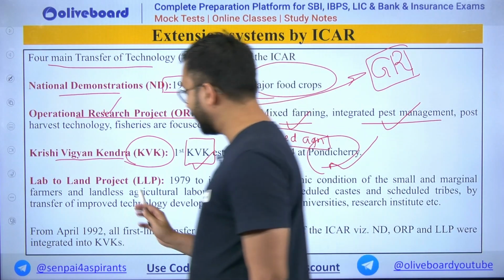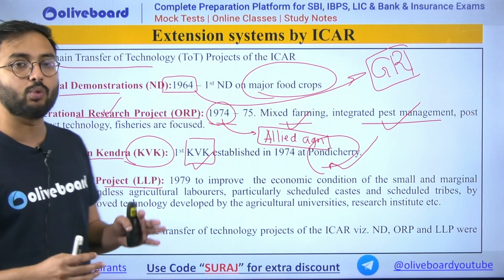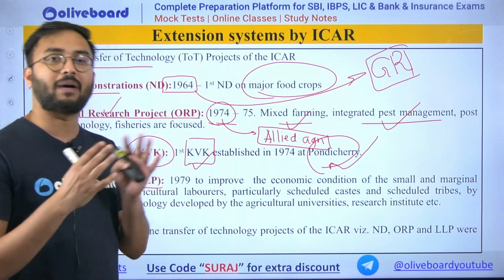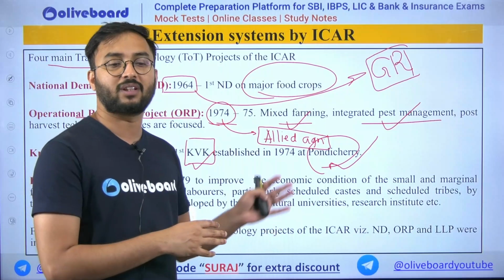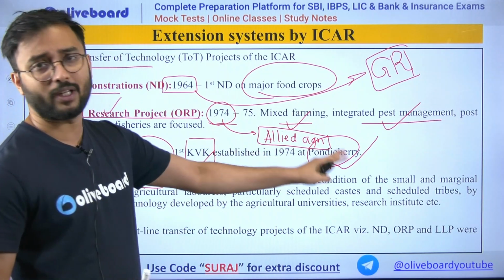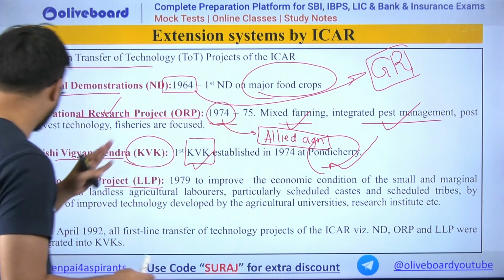Then the Lab to Land project, 1979. It was actually to improve the overall economic conditions of small and marginal farmers. Small and marginal farmers are the highest in Indian agriculture, more than 64%.